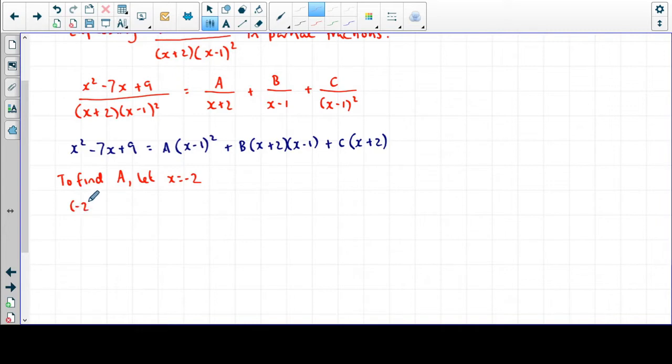So I'll end up with (−2)² − 7 lots of −2 + 9 is equal to A. That's going to become (−3)², that's going to become 0, and that's going to become 0, so everything else is going to disappear. So I'm just going to be left with 4 + 14 + 9 is equal to 9A, which gives me 27 is equal to 9A. Therefore A is going to be 3.